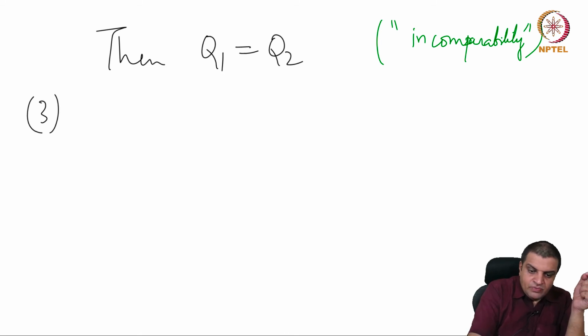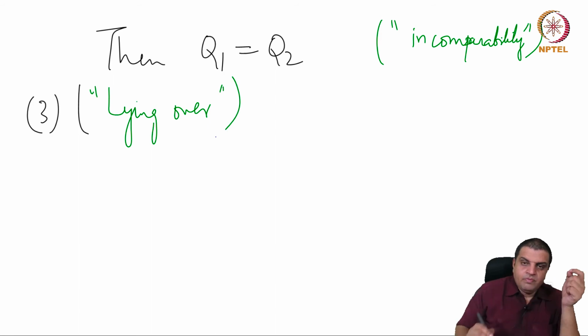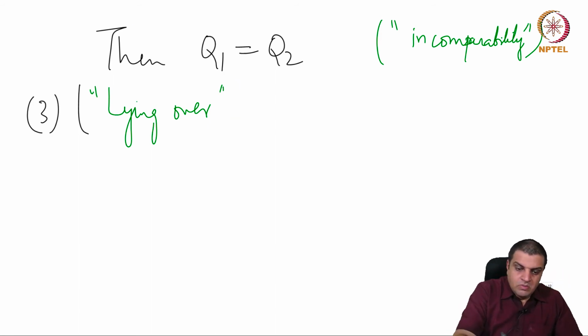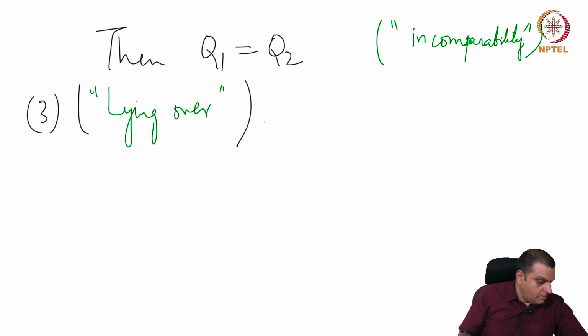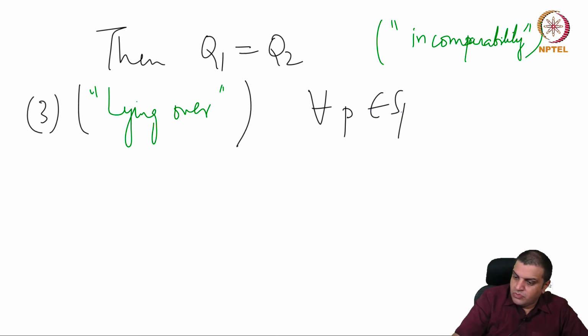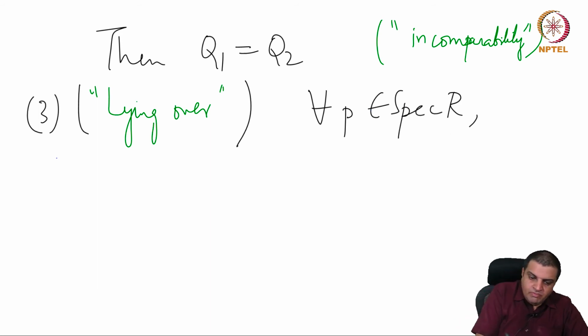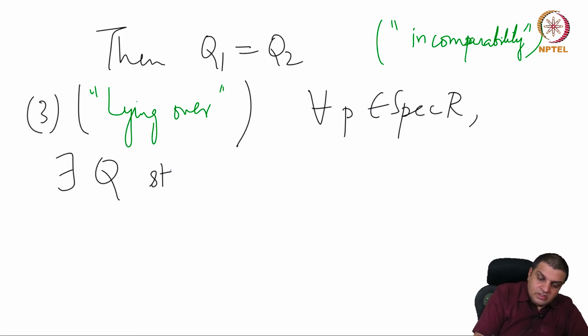And 3, this is sometimes called lying over. For all P in spec R, there exists Q such that Q contracted to R is P.